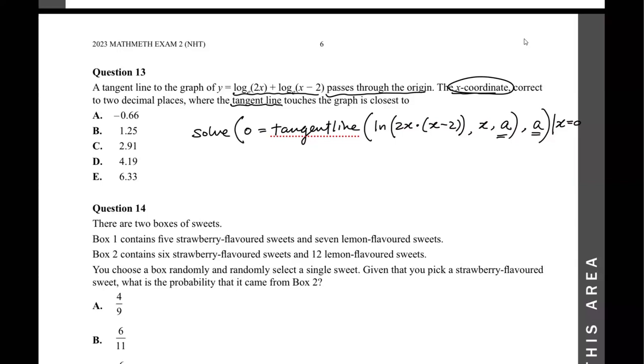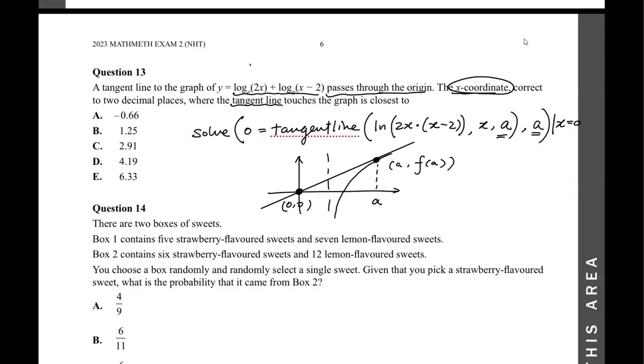Alternatively, you could also sketch the graph on your CAS calculator. Okay, so this is a value, this is 0, 0. And you could also get, for example, the derivative function at a point a, equate that gradient to the gradient of these 2 points, a and f of a. Let's call this f of x. So I can show you how this can be done on your CAS calculator.